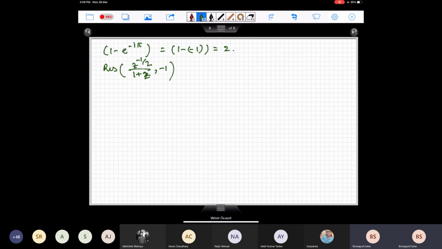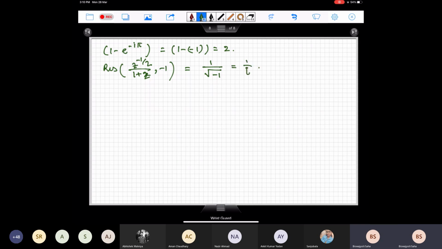Sorry, 2πi is not there. So the residue: I multiply by z minus minus 1, so that goes away. Here I have 1 upon the square root of minus 1, so that's 1 over i.